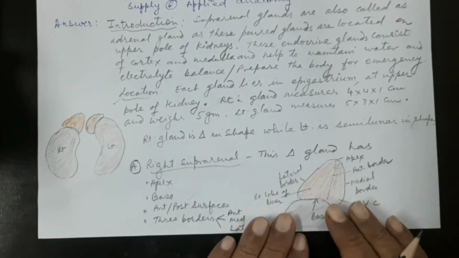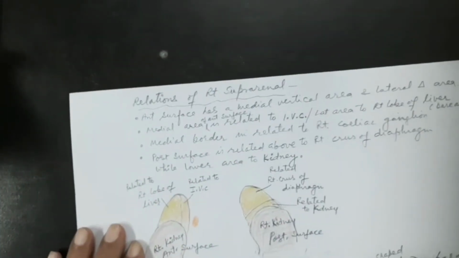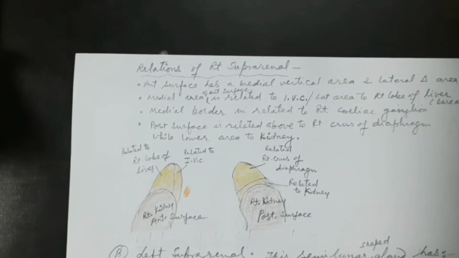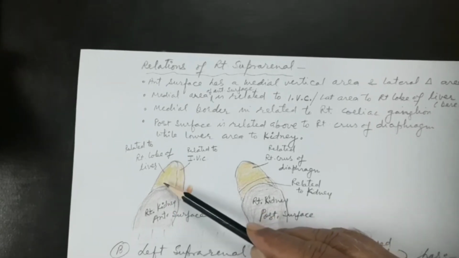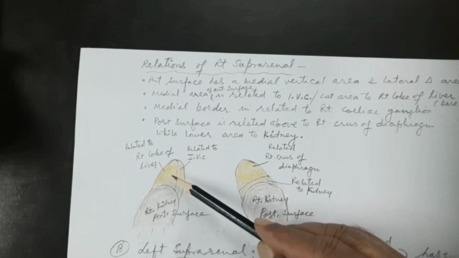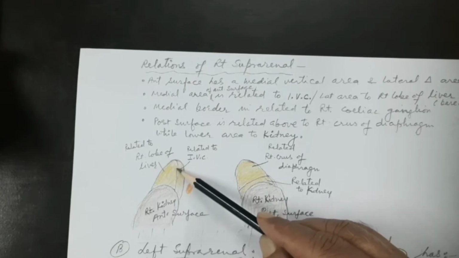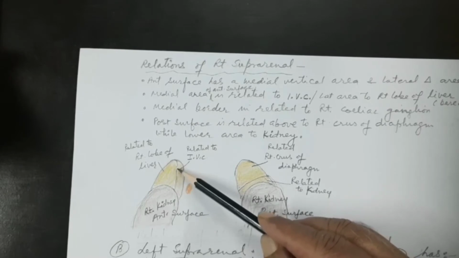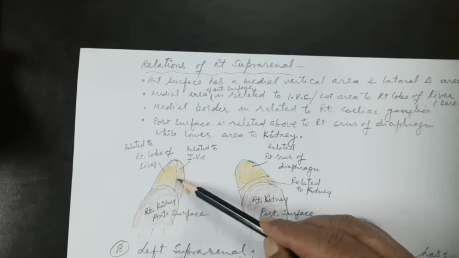Now let us come to the relations of the right suprarenal gland. If we see the relations, we will see that it is related to abdominal structures. This is the right suprarenal gland, seen from the anterior surface. Its anterior surface has a narrow medial vertical area, lying between the anterior border and the medial border.